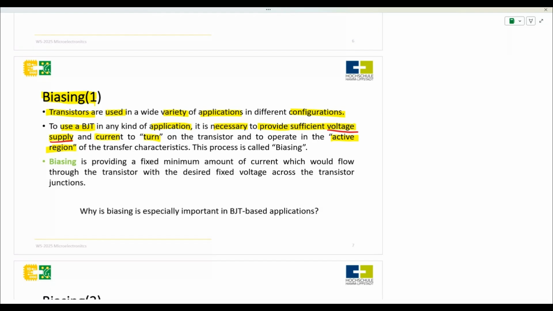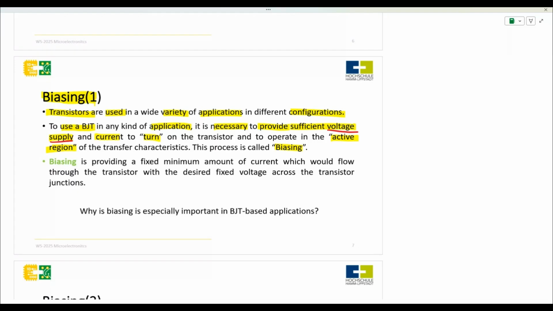And this process is called biasing. So biasing is basically providing sufficient voltage and current to the transistor, more or less.